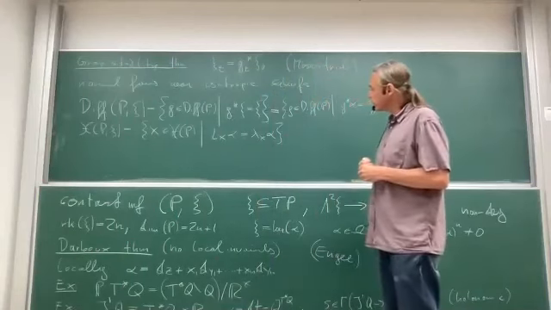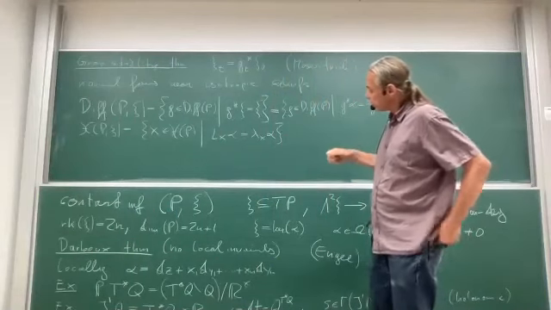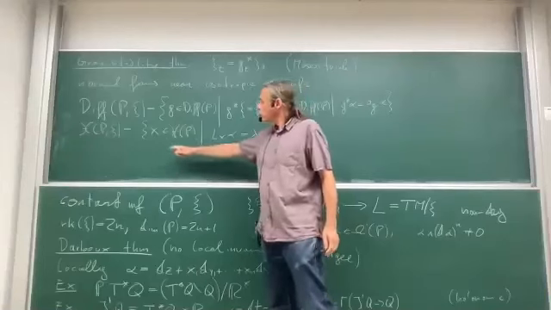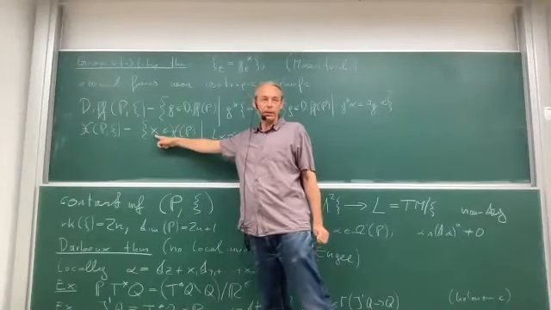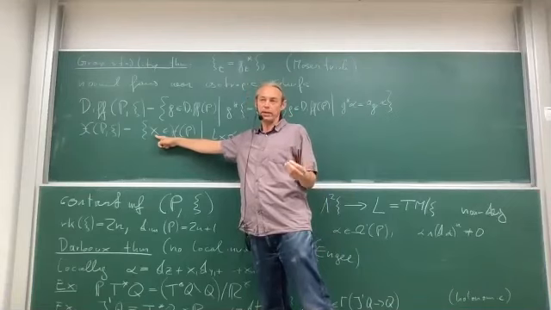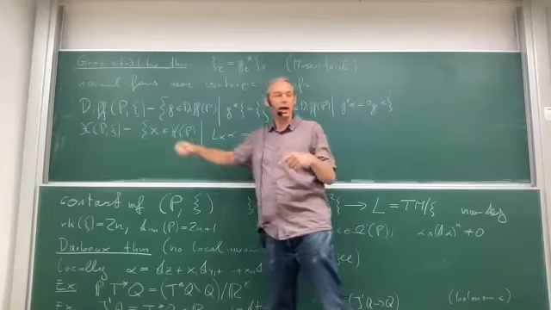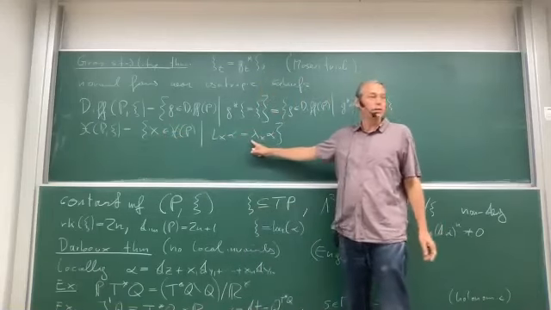In fact, you can easily check that if you know alpha of your vector field, which is just one function, you contract the vector field with alpha, then you can completely recover the vector field using this equation here.